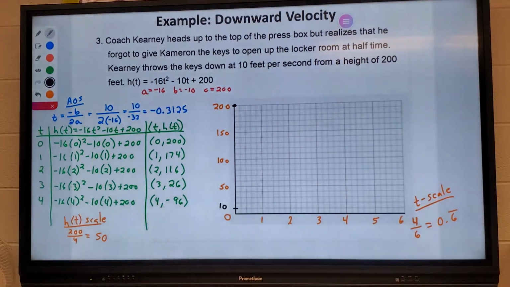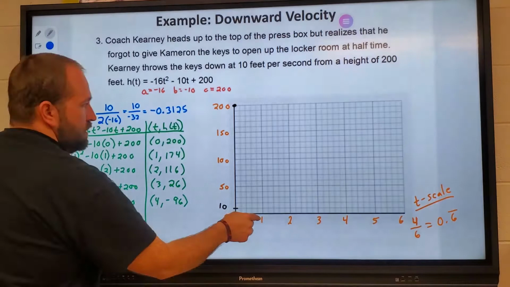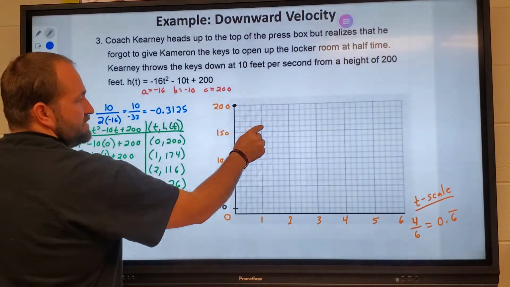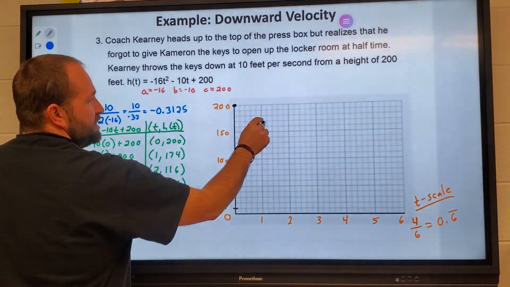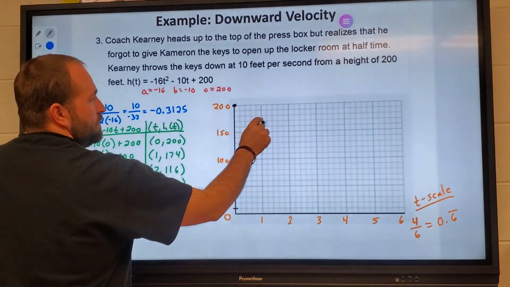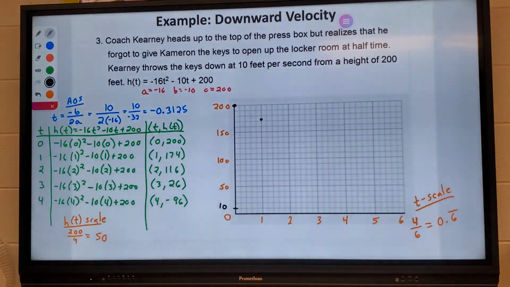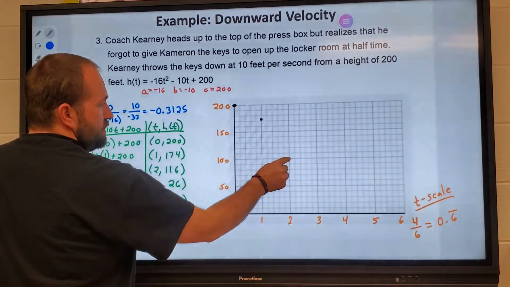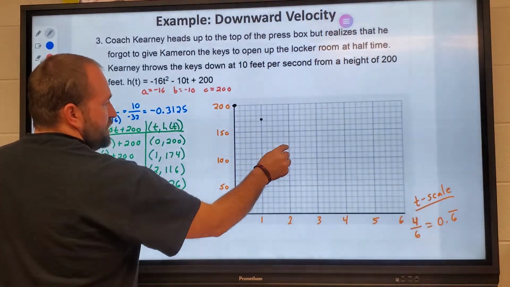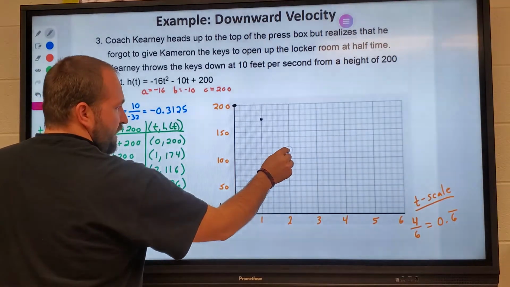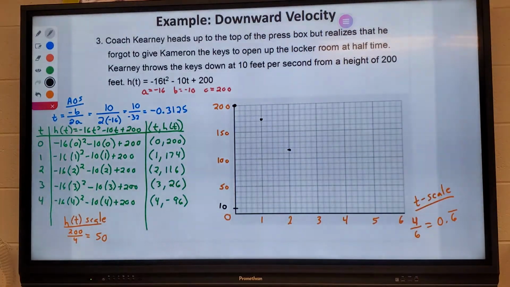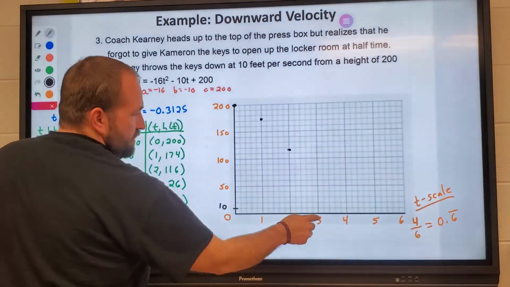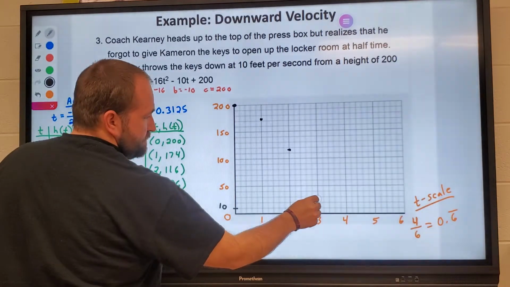Then we have 1, 174, so I have 1, 150, 160, 170, 175 would be directly in the middle, so we're just short of the middle. 2, 116, so we have 2, 100, 110, 116 would be just above half. 3, 26, so we have 3, 10, 26.